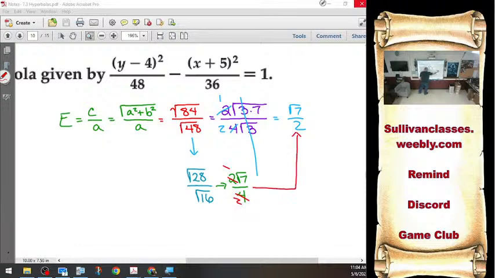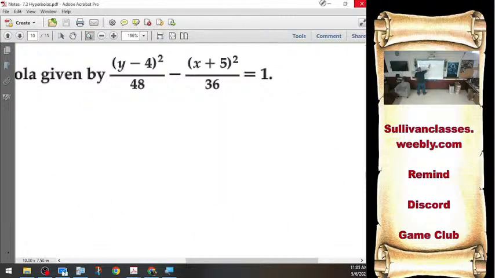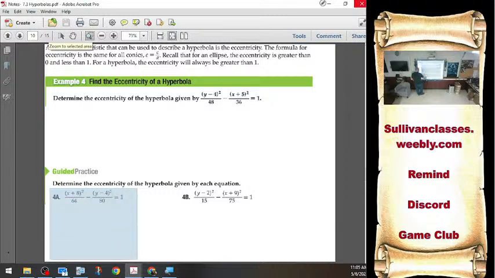I like this sideways one. Yeah. Do you see that there's a bunch of different ways to do this? You don't have to overthink it. Try again.